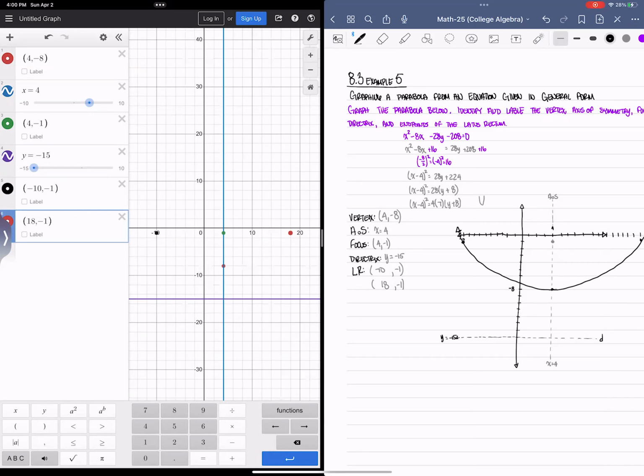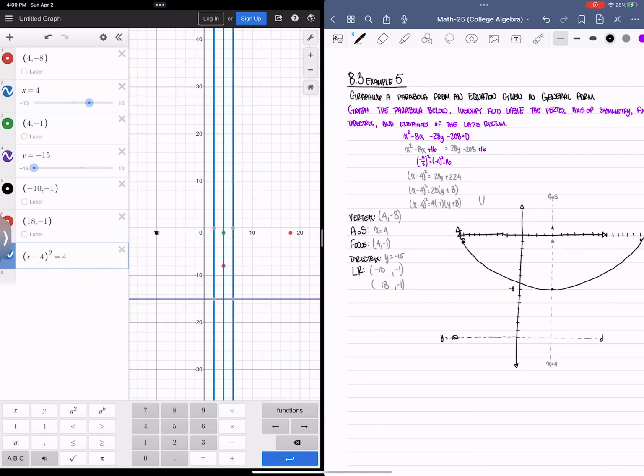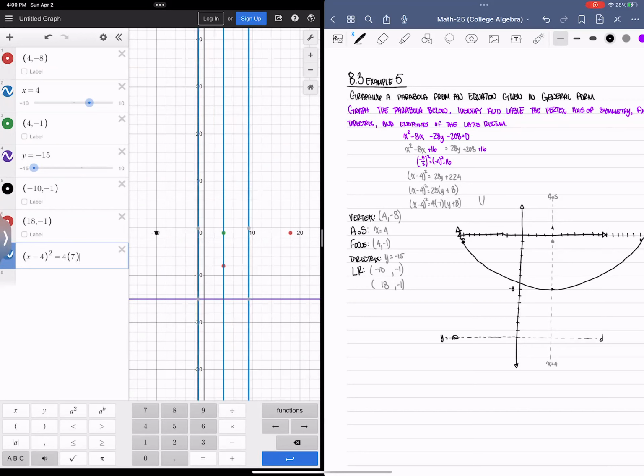All right, looks good. And now the final thing that we want to graph, let's graph our parabola. So x minus 4 squared equals 4 times 7 times y plus 8. Wow, so pretty.